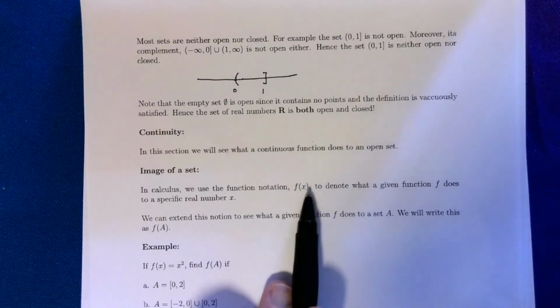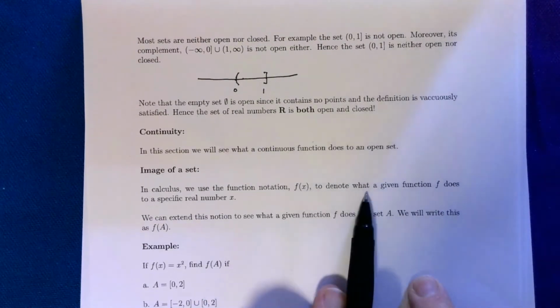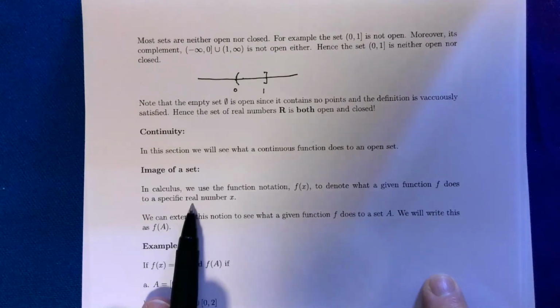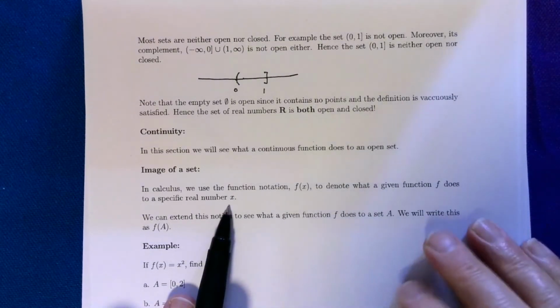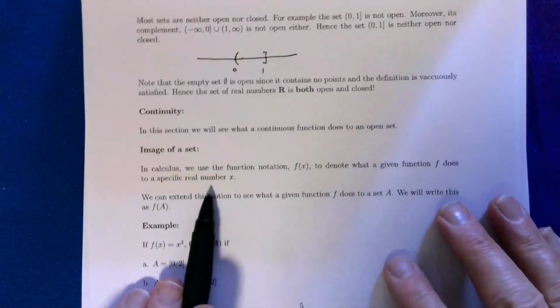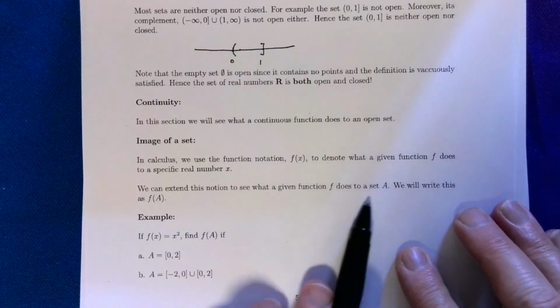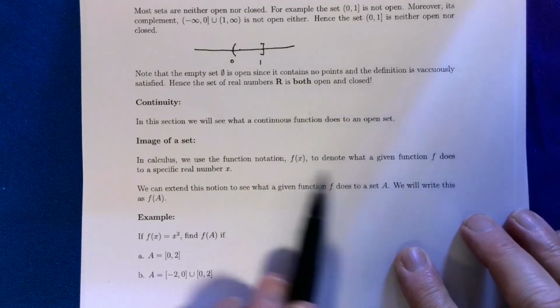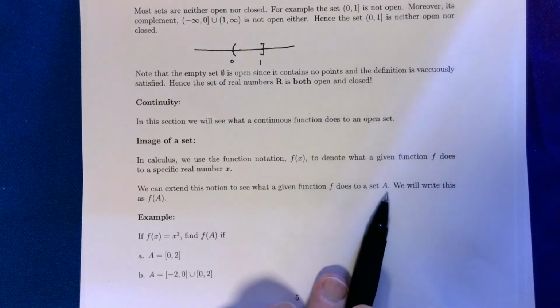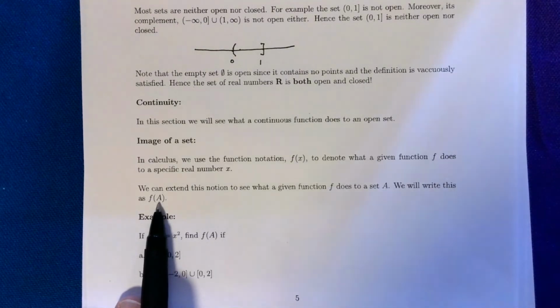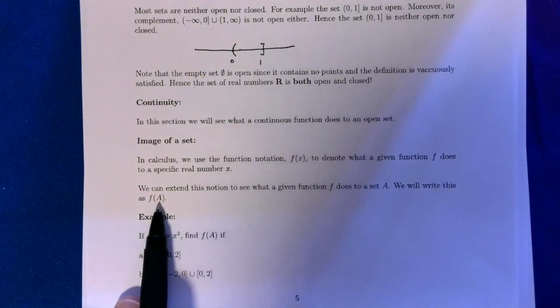So we use this notation f(x) to denote what a given function does to a specific real number. Well, we can extend this notion a little bit to see what a given function does to a whole set, not just a particular number, but a whole set. And I'm going to write this simply as f(A). We're going to use capitals for sets generally.